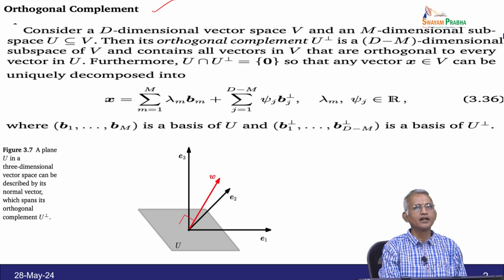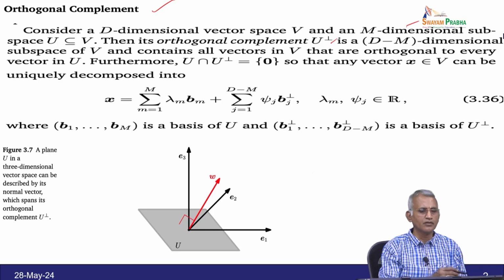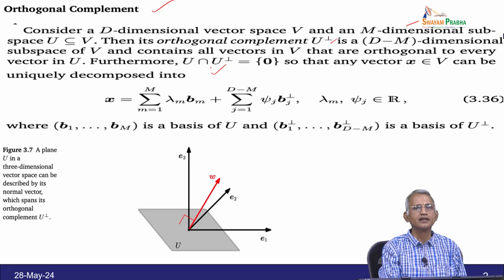Consider a d-dimensional vector space V and an m-dimensional subspace U which is a subset of V. Then its orthogonal complement U perpendicular is a d minus m dimensional subspace of V and contains all vectors in V that are orthogonal to every vector in U. Further, U intersection U perpendicular equals 0, that is, U intersection U complement equals 0. So, the intersection is empty.